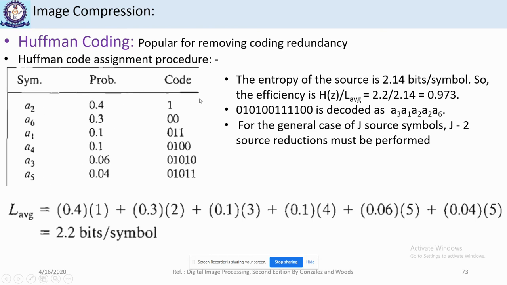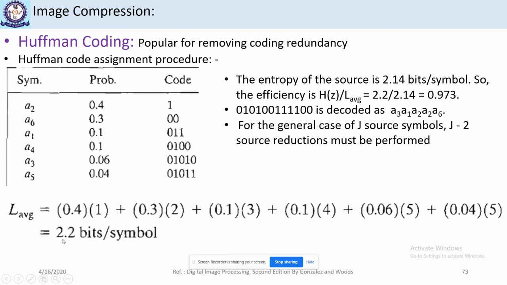This symbol has code length 1, multiplied by its probability 0.4. This symbol has code length 2, multiplied by its probability 0.2, and this has 3 multiplied by 0.1, and so on. We multiply all the symbols' code lengths by their probabilities, and the products are added, and it gives us the average number of bits per symbol.